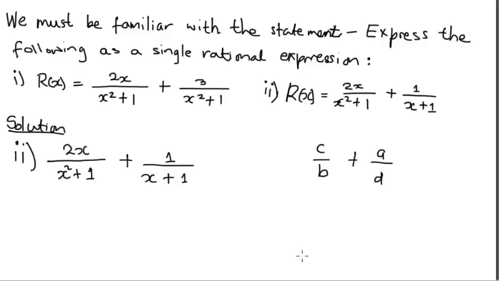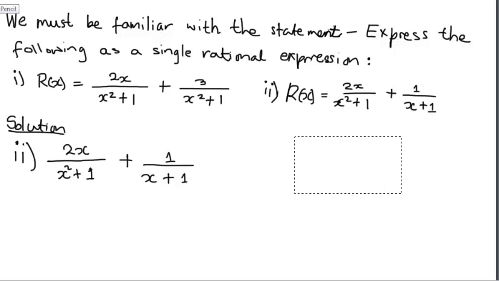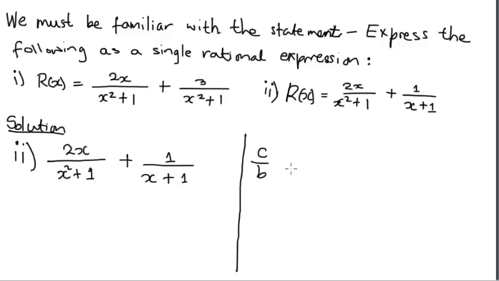But we need some facts about numbers. For example, let's think of 1 as a special number. We have here c over b plus a over d.